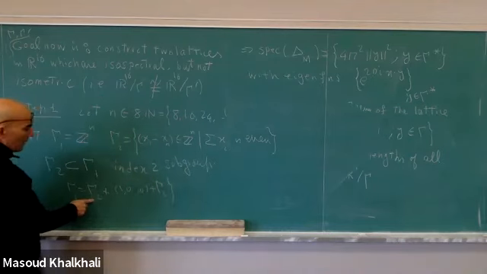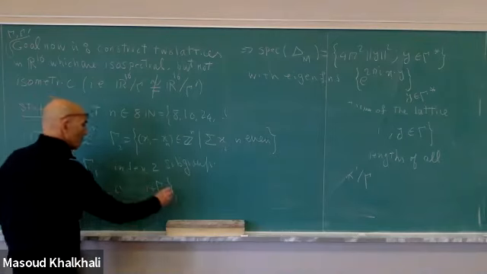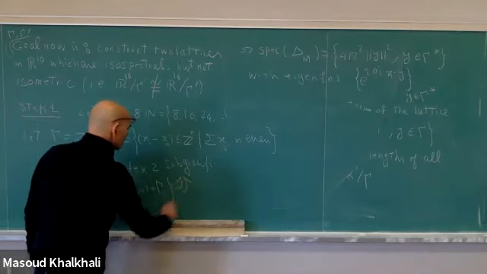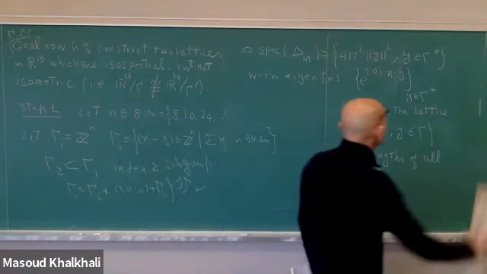This vector is not in gamma 2, and of course, everything you can write in this way. So this implies that this is index 2. Okay. So this is an index 2 subgroup.